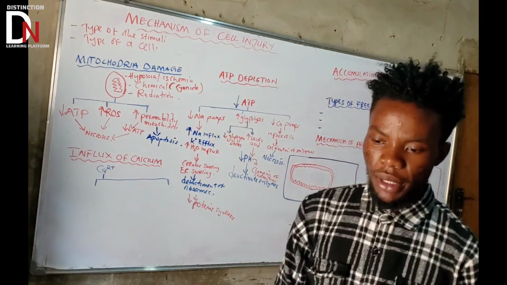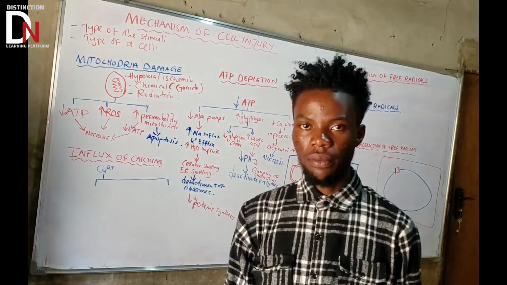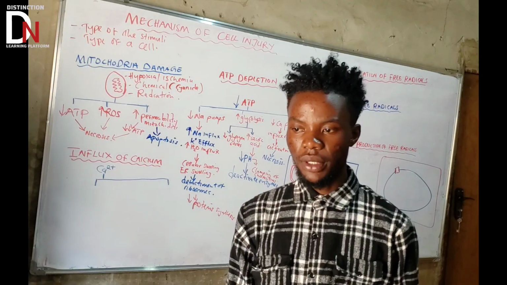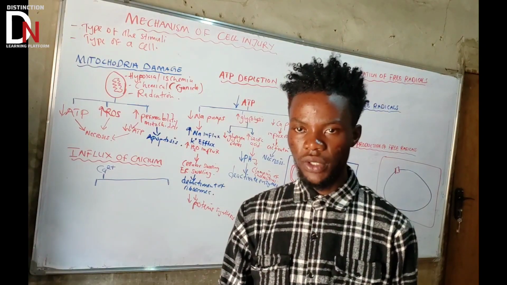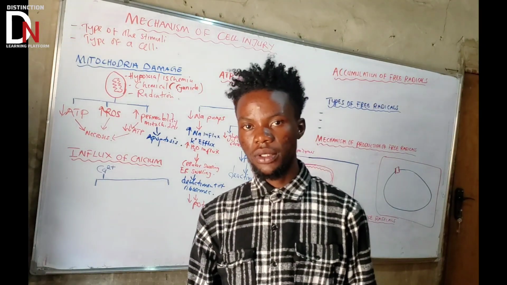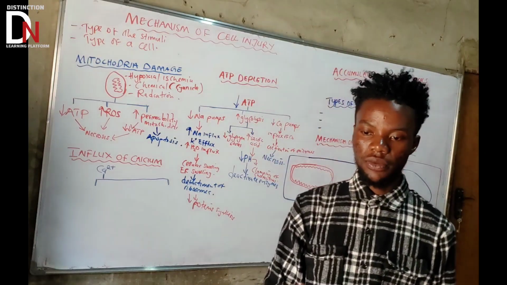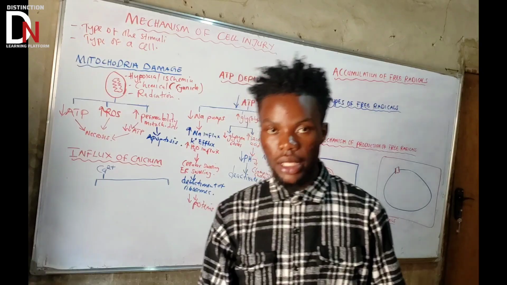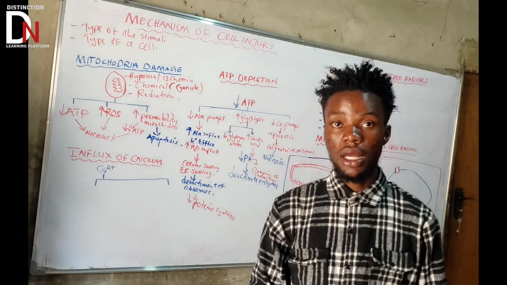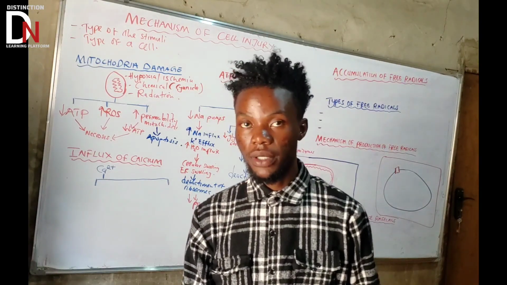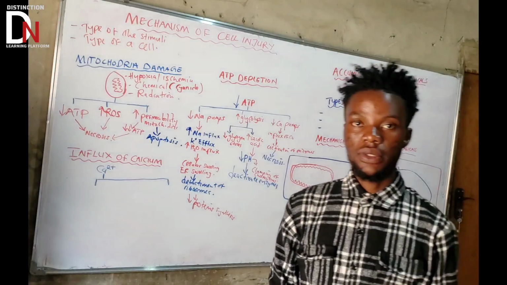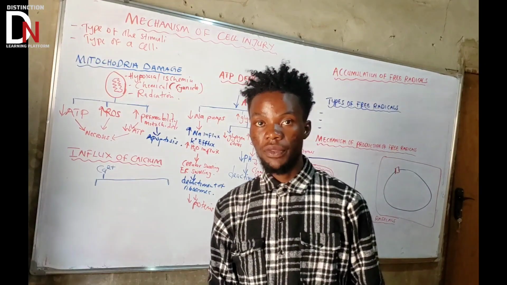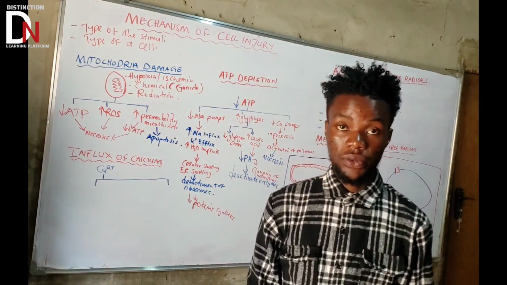Now remember that calcium can come from different places. Make sure you understand it doesn't always come from the extracellular fluid going into the cell because of hypoxia and other things. It can also come from inside the cell. The ER can produce calcium, and the mitochondria can also produce calcium.